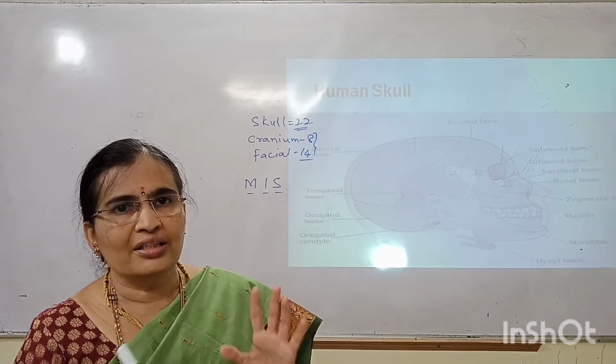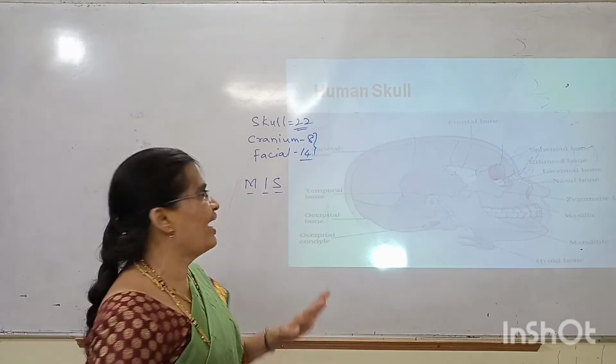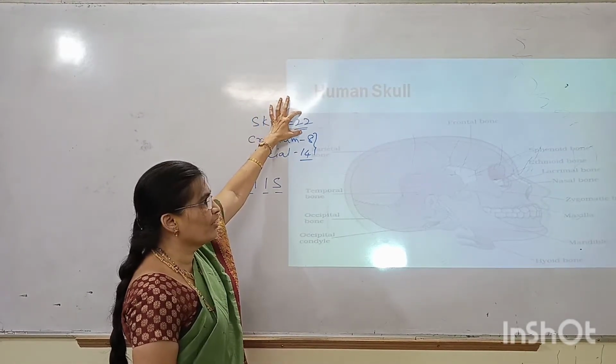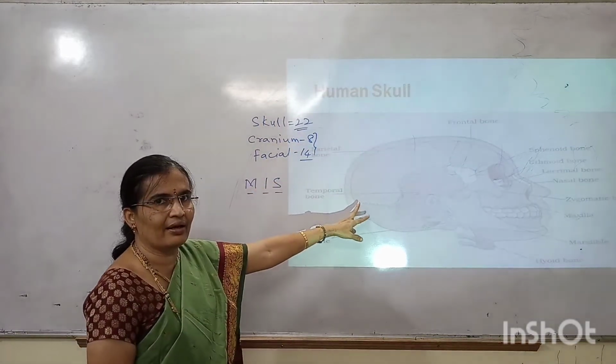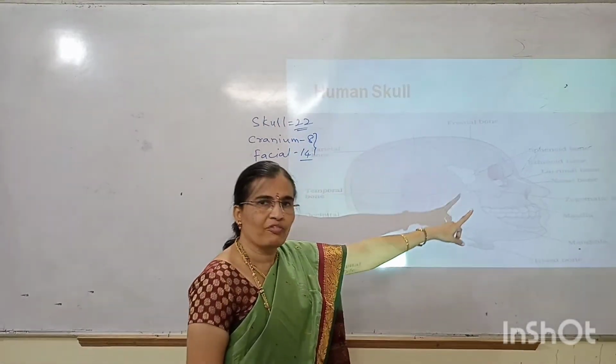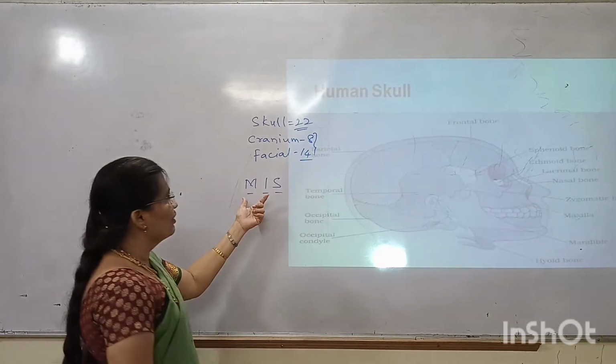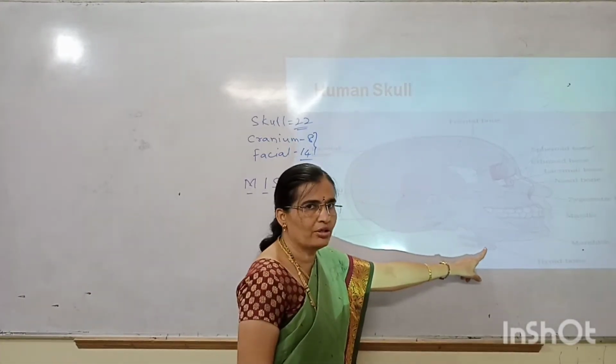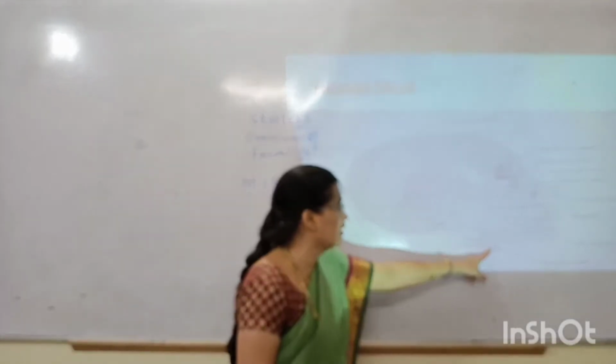Just now we have calculated that totally 22 bones are there in the skull region, that is 8 cranial bones and 14 facial bones. Then one more bone I told you, the U-shaped hyoid bone present in the neck region.